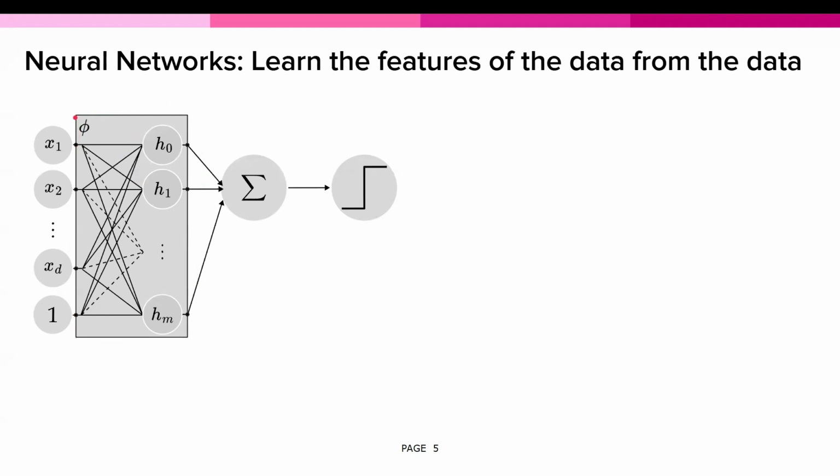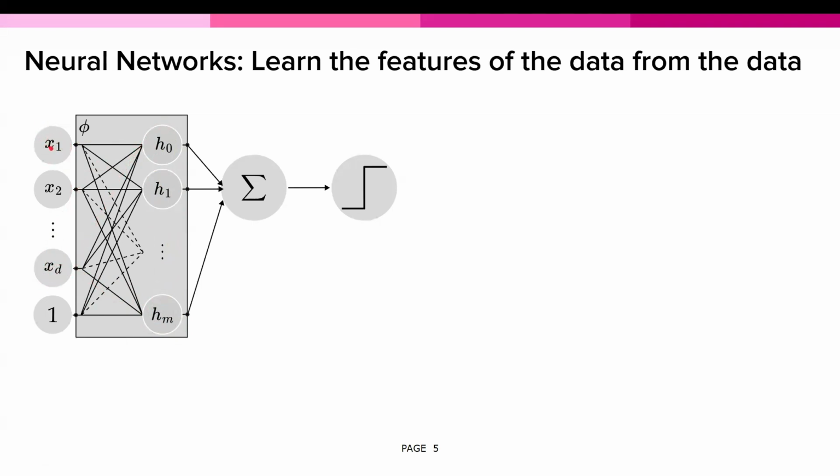The idea is that everything that goes on inside this box here, that is our feature map. And the outputs of this box are going to be a new set of features. So we still map from some space of dimensionality D to some space of dimensionality M. But now each of these new features, we're going to call them hidden units. They're going to receive a weighted combination of each of the input features.